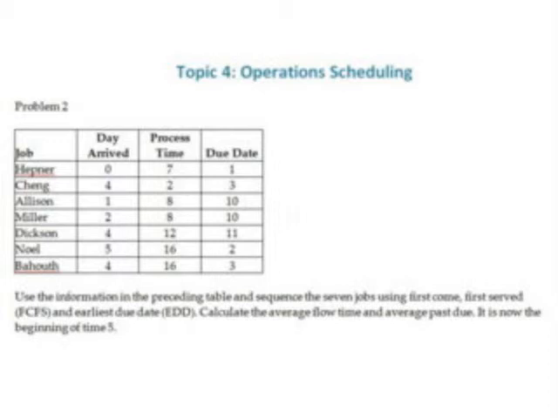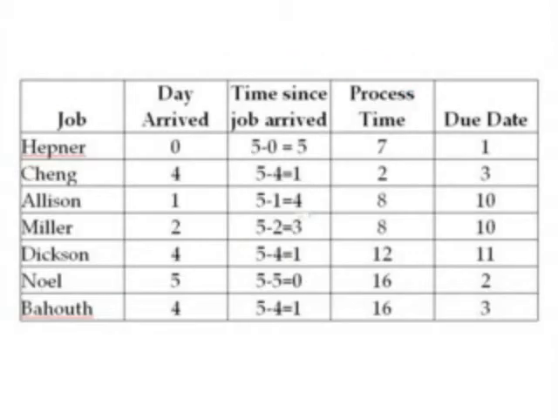since the jobs arrived. So I prepared this second table that I'm going to show you, where we have the date each job arrived, and the next column is the time since the job arrived. We are at the beginning of day 5, and the first job arrived at the beginning of day 0.